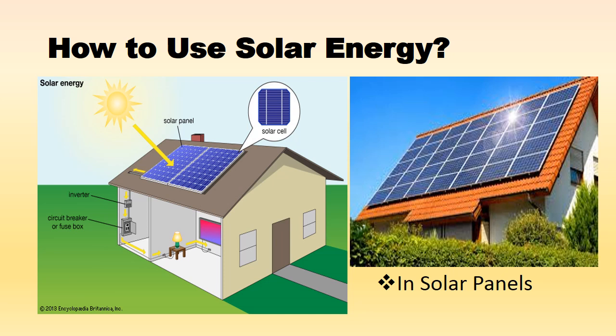Children, I will talk to you about how we can use solar energy. As I told you, the sun is the main source of energy. In a country like Sri Lanka, we can get plenty of sunlight. The sunlight can be used in a very useful way in solar panels. It is environmentally friendly and an abundant source.